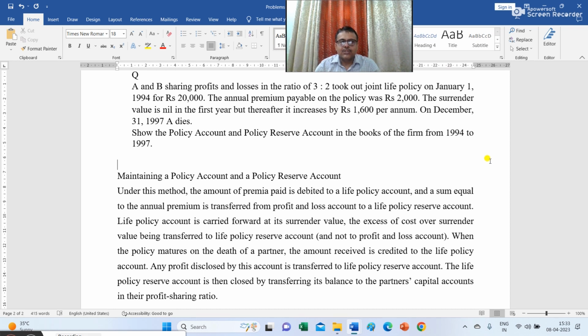When the policy matures on the death of a partner, the amount received is credited to the life policy account. Any profit disclosed by this account is transferred to life policy reserve account. The life policy reserve account is then closed by transferring its balance to the partners' capital accounts in their profit sharing ratio.